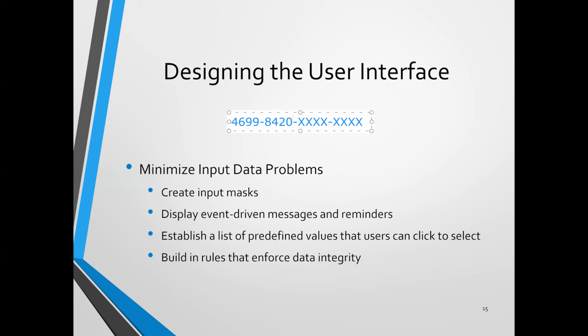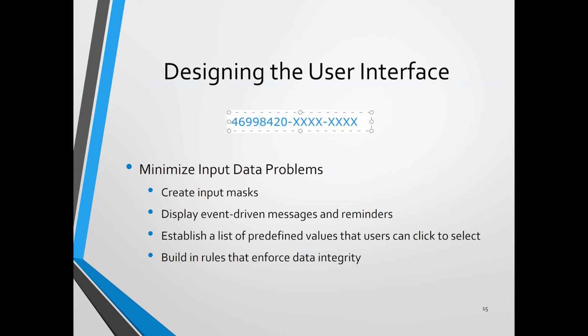And also they have dashes to separate the groups of numbers. Why? The reason is that if you don't have dashes, and you type 46998420, when you type more and more digits it is quite difficult for users to know how many digits they have typed in here.